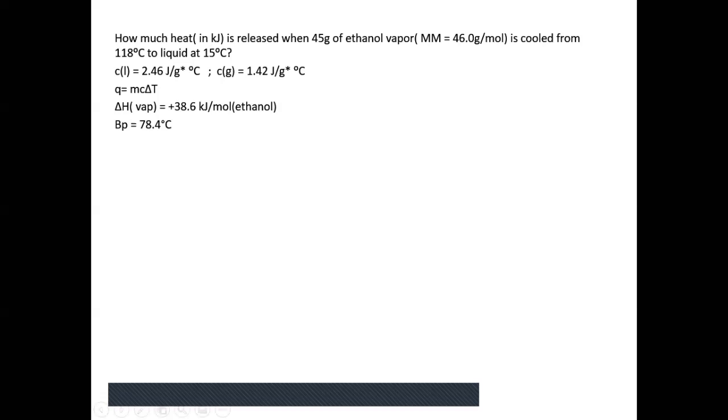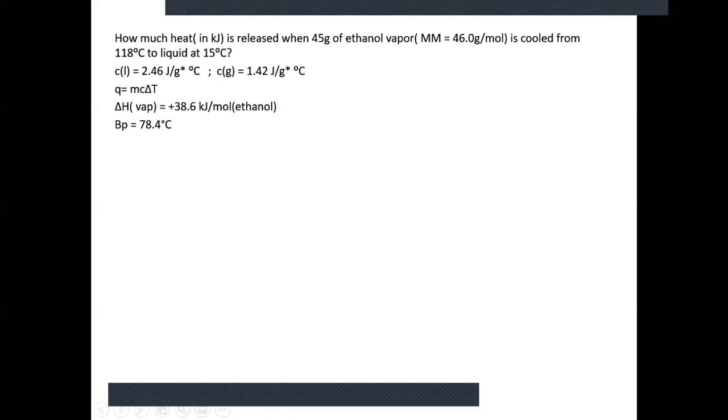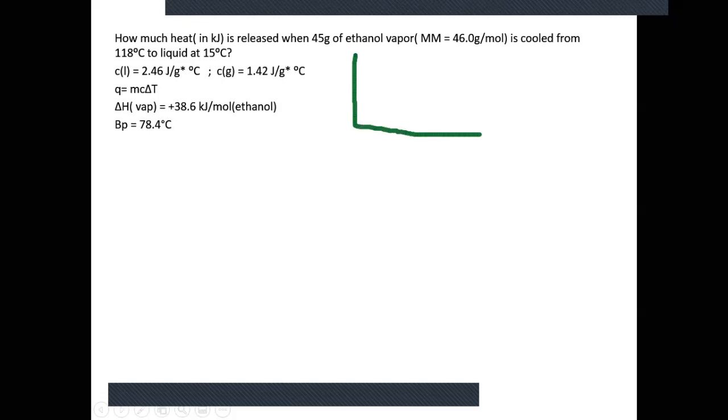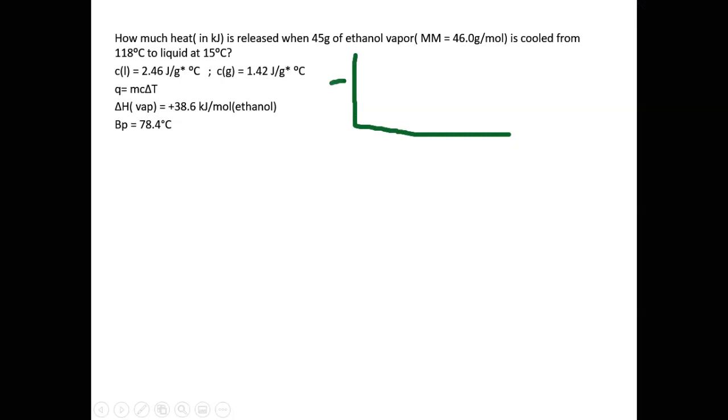The first thing I always do on problems like this is draw a little graph to help me show what types of phase changes are occurring. On the y-axis we have T, on the x-axis we have Q. I call it removed because we're cooling the substance. So as we remove heat, what's occurring? We'll start at 118 degrees Celsius.